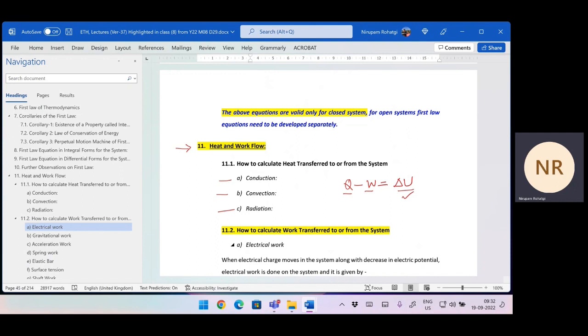And you have formulas for them. You can find how to find the heat transfer. And that will depend upon the case to case.